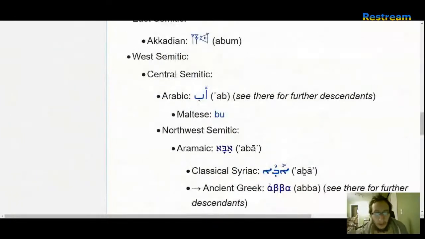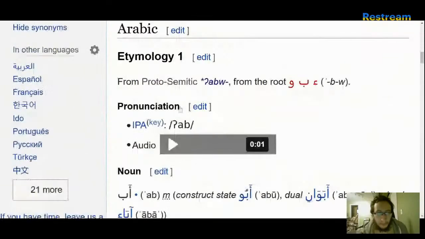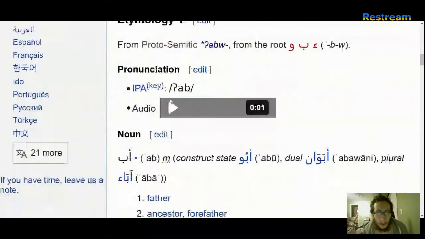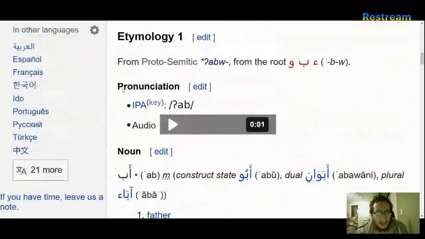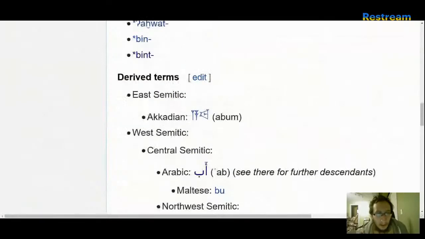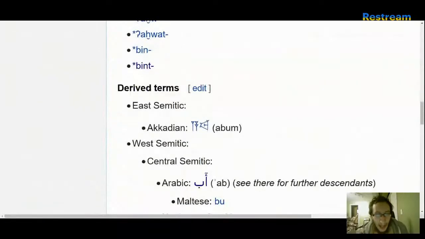Okay, Arabic, Ab, literally the same word, Ab. So far we're seeing the exact same word in all these languages, spelled virtually the same. Now take a look at this. Akkadian, Abum. The um is the case ending.